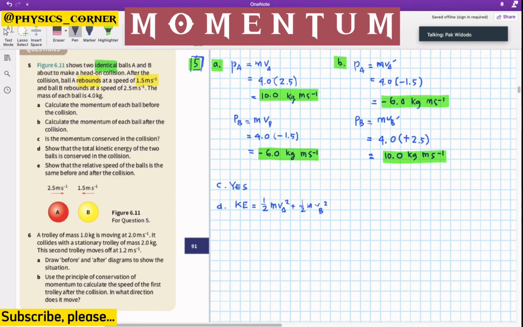So this is a half mass 4.0 and VB is 10 square plus a half, 4.0 times negative 6 squared.